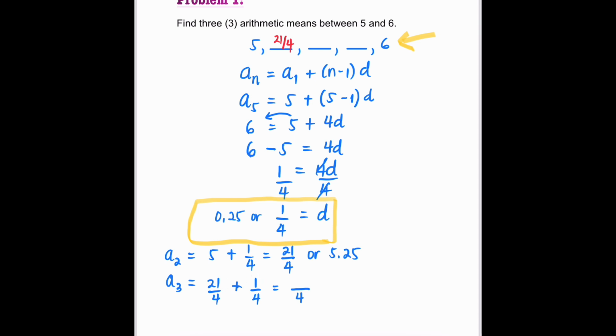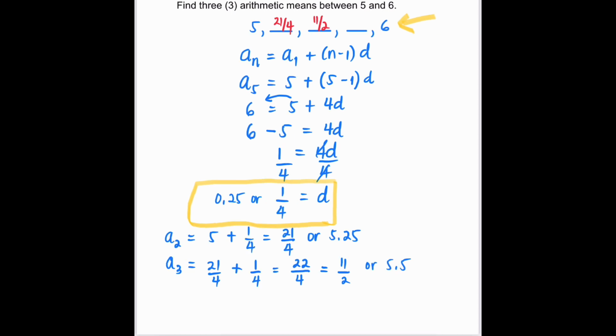So 21 plus 1 is 22. And 22 divided by 4, we can simplify that fraction into 11 over 2. So the third term is 11 over 2, or 5.5.